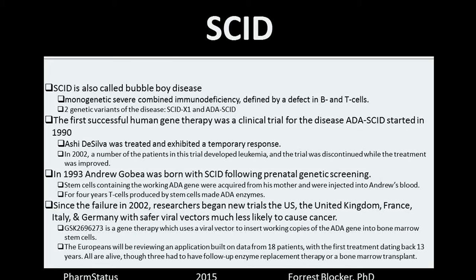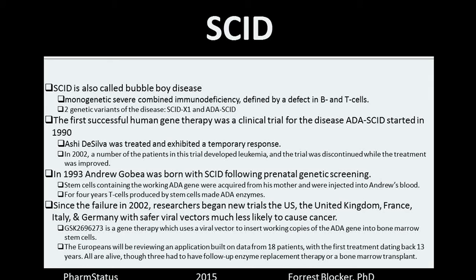In 1993, Andrew Gobea was born with SCID following a prenatal genetic screening. So they knew before this other child was born in 1993 that he was going to have the disease.